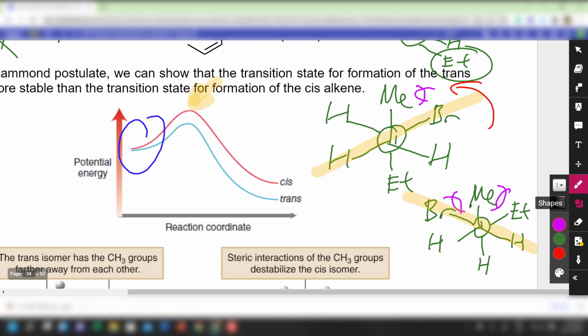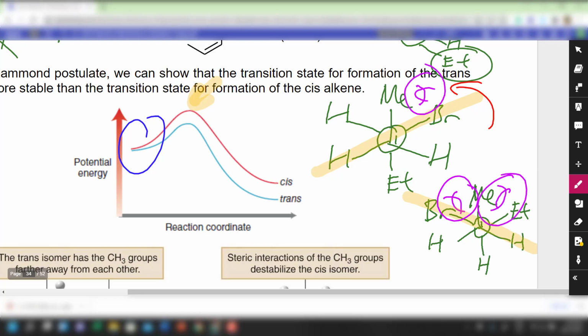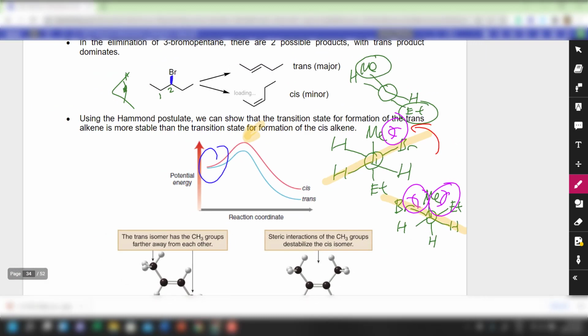It will be higher in energy because of steric repulsion, which is what I have represented here. So that is exactly what it means when we say that the transition state leading to the product is more destabilized as compared to that leading to the trans product. It's solely because the conformer to begin with is more unstable.